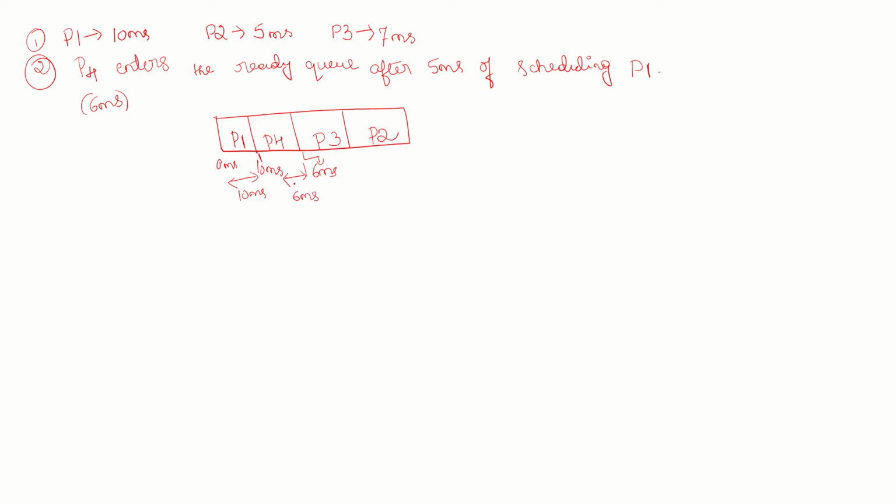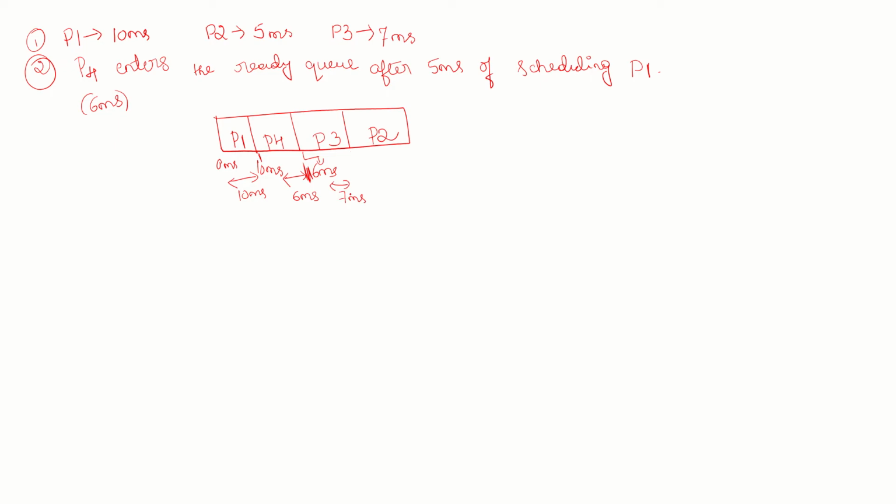We are scheduling P4 here, though P3 and P2 is there, because it is last come, first served. Next, here P3 will start. Okay, at 16. I will write 16 over here, and it executes for how much time? For 7 milliseconds. So I will write the 7 milliseconds over here.